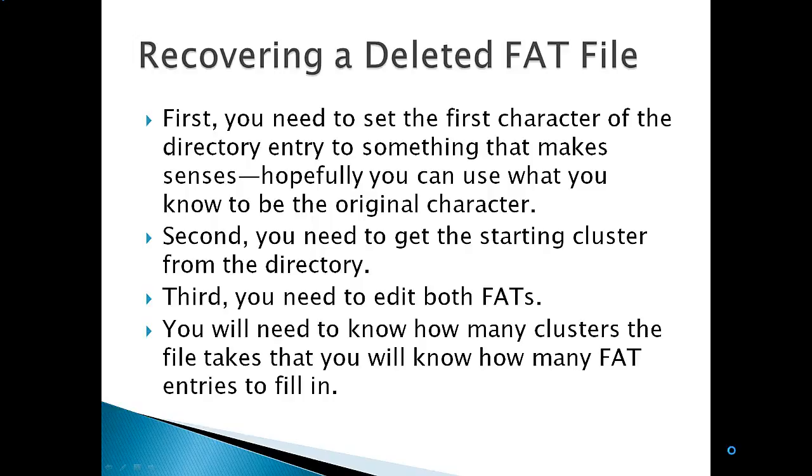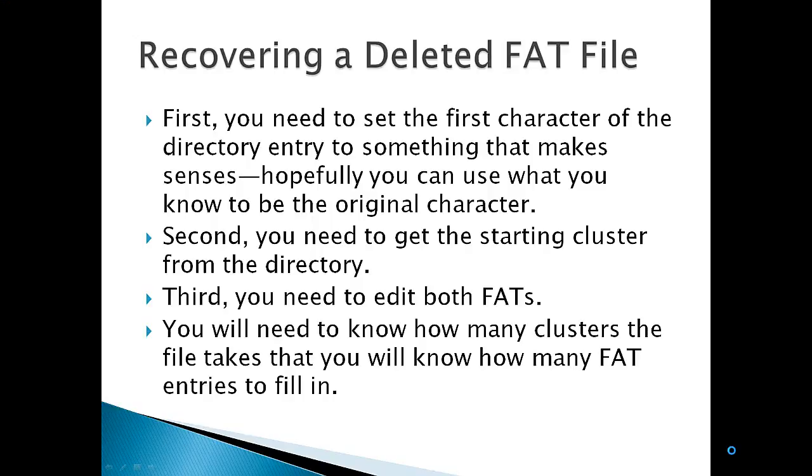Okay, so recovering a deleted FAT file. First, my first step is always to go to the directory in WinHex, or you could also use another program such as Autopsy. Really, any disk editor will do it for you. Then you want to change the first letter of whatever the file is that has been deleted from E5, which is the indicator to the operating system that it's been deleted, to something that makes sense.